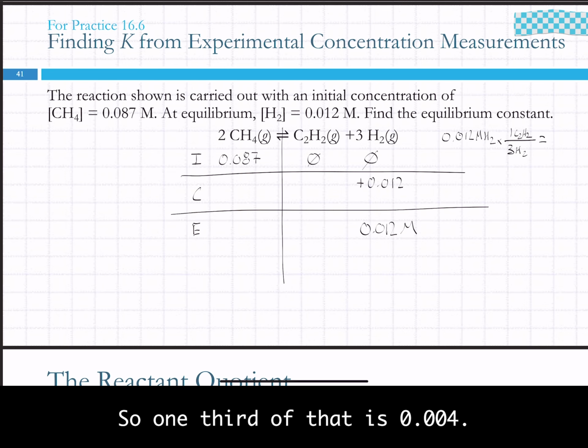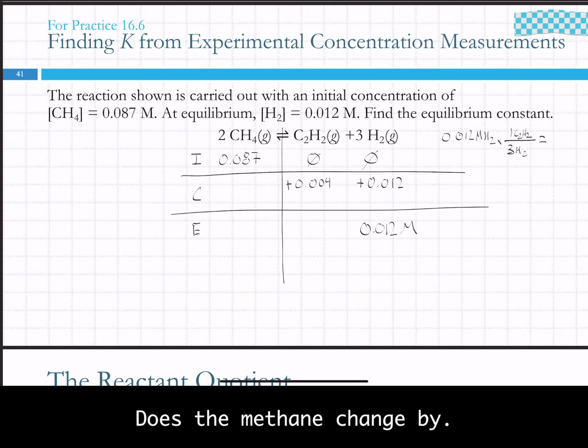So 1/3 of that is 0.004. And then how much does the methane change by? 0.008. And it's going to decrease.